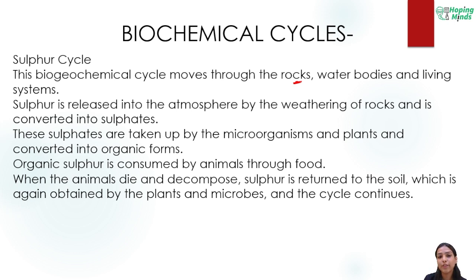So the sulfur is released into the atmosphere by the weathering of these rocks and is converted into sulfates. These sulfates are taken up by the microorganisms which are present in the soil to convert it into various organic forms. Organic sulfur is then consumed by animals through food. And when these animals die, the sulfur is going to return into the soil, which is again going to be used up by the plants and microbes.